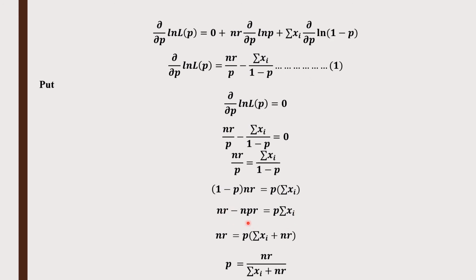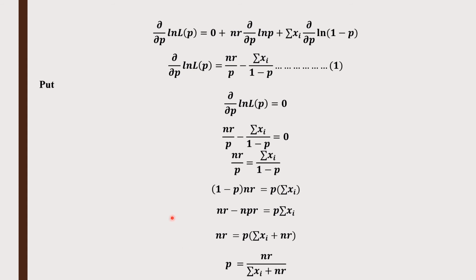Now taking npr on the right hand side and taking p common, we have nr equals p into summation xi plus nr, and finally the value of p came out to be nr over summation xi plus nr. This would likely be the value of our MLE provided that the second derivative with respect to p is negative.